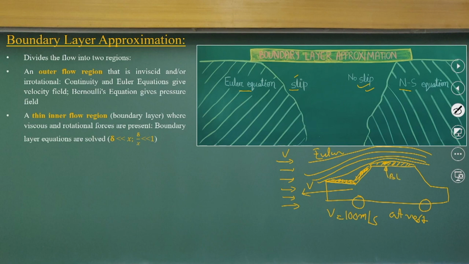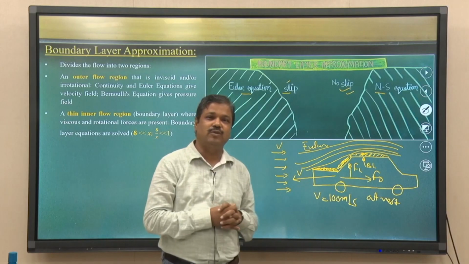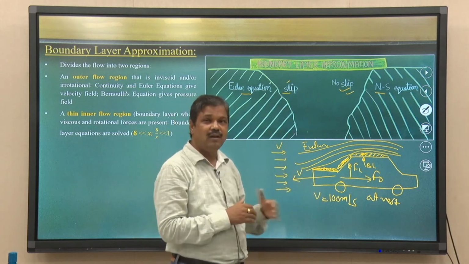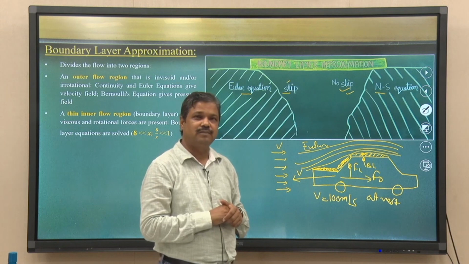These boundary layers will change the pressure distributions. These boundary layers will change the velocity close to this surface. This boundary layer is responsible for what drag force will act, what lift force will act. So, there will be a combination of boundary layers and the Euler equation solvers to solve this problem instead of looking for a Navier-Stokes equation solver.